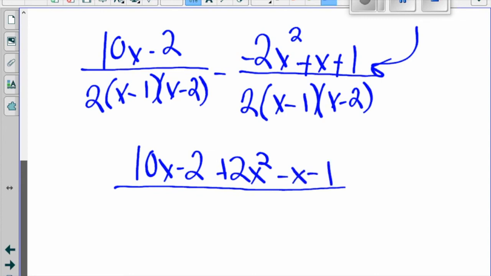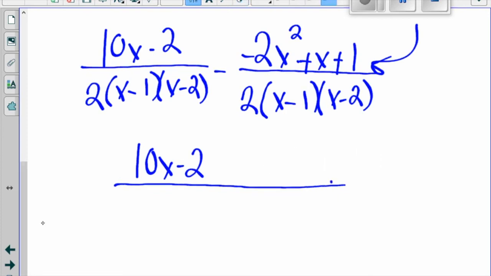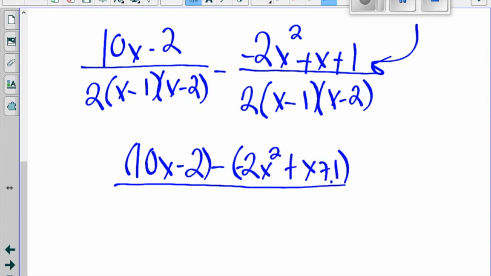So if you feel comfortable with doing that and being able to flip those signs, you can do that there. Now, if you're not as comfortable with flipping it and making sure that that went the way it's supposed to, you don't have to do it that way. Because what we can do is do negative and have both of these in parentheses, and then drop the parentheses and apply that negative.